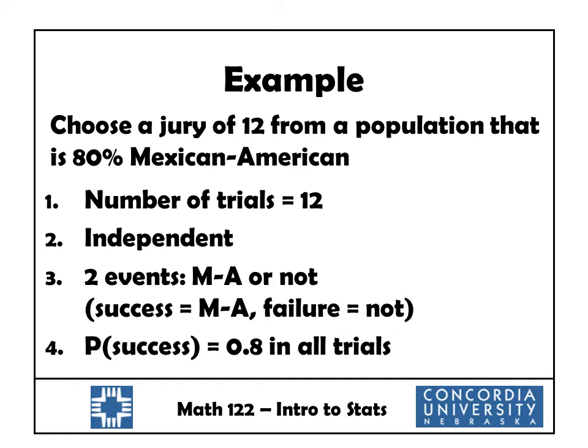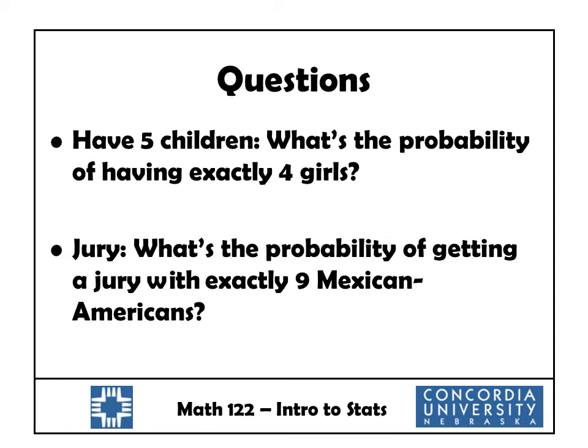We'll call a success a Mexican American and a failure not Mexican American. Again, we're not implying that one is good and the other is bad. And the fourth, the probability of a success or the probability of a Mexican American is 0.8 in all trials. And it's equal to 0.8 because our population is 80% Mexican American. So the number of jurors on this jury of 12 would be a binomial random variable. State another way, we can use a binomial distribution to calculate probabilities.